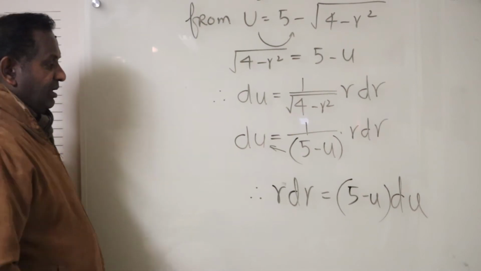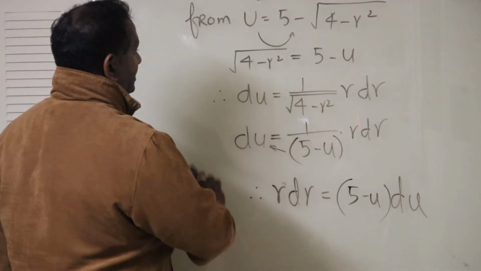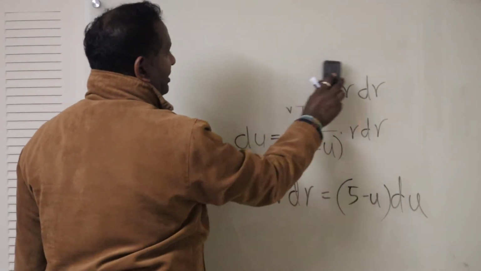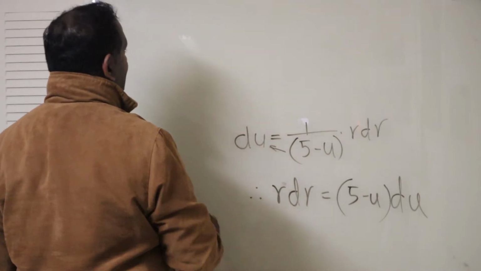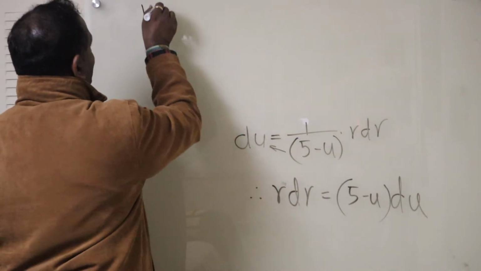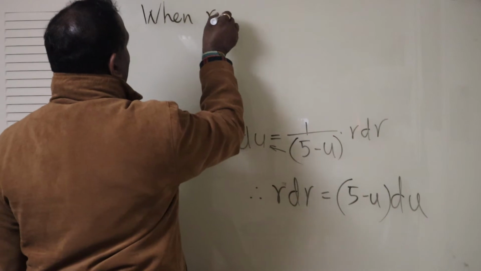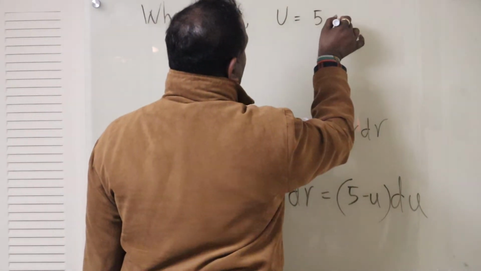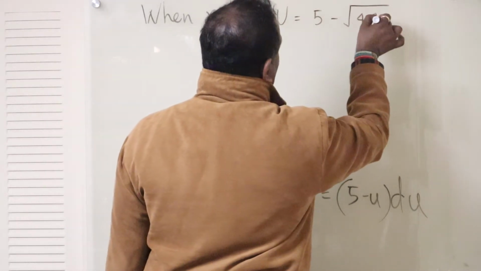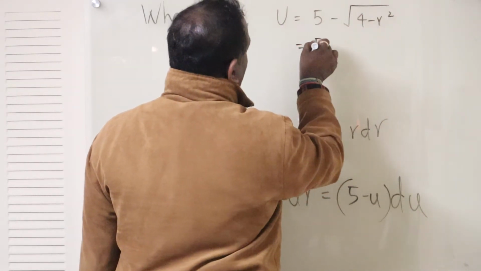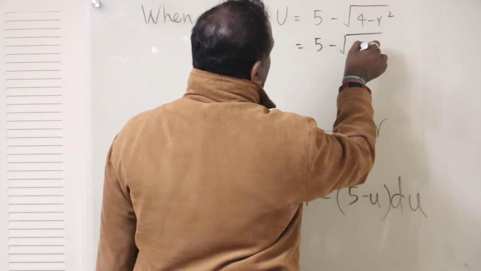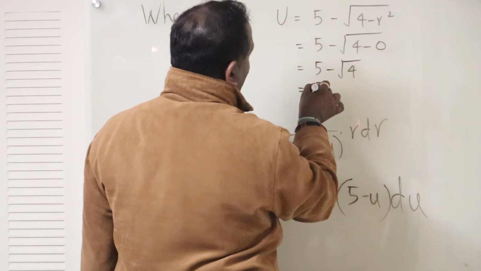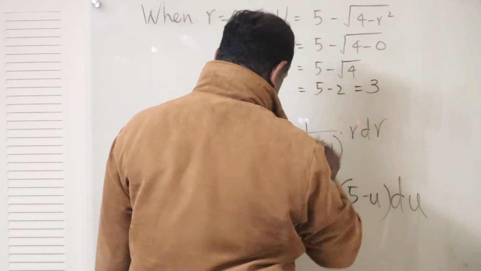Then we're going to go to the original equation and change pretty much everything. Before that, you have to make sure you change the limits. When r equals 0, with the aid of this, u is 5 minus the square root of 4 minus r squared. Plugging in, 4 minus 0, 5 minus the square root of 4, 5 minus 2, which is 3.